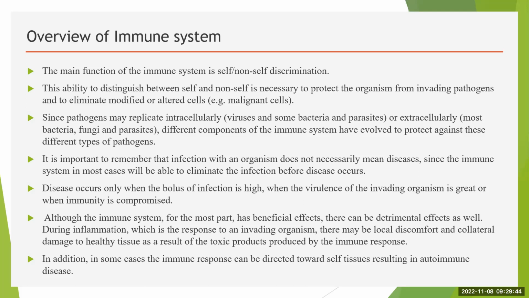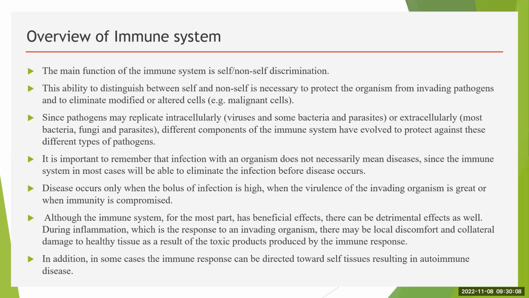Only 5% are able to mature and have the correct requirements that are required by the body. So it's a very, very competitive process that happens as the selection goes on in the thymus. This ability to distinguish between self and non-self is very necessary to protect against invading pathogens.